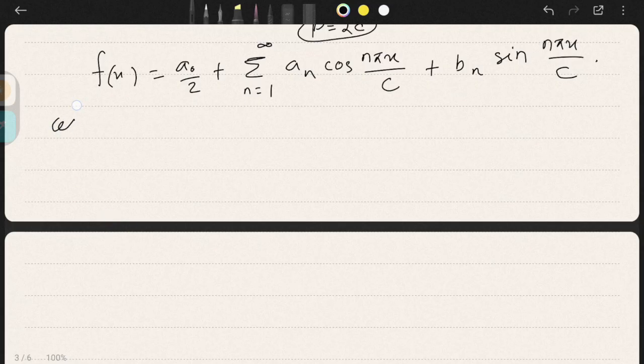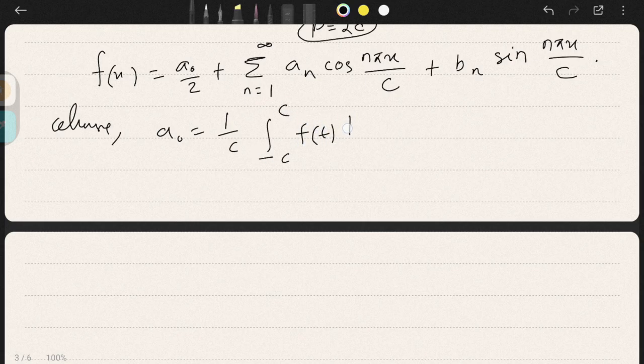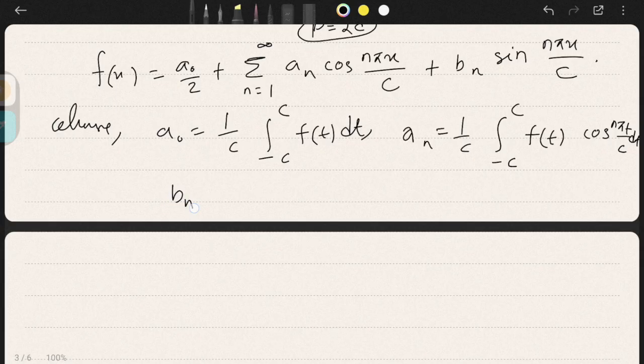Where, you know, a naught is equal to 1 by c integral from minus c to c of f of t dt, an is equal to 1 by c integral from minus c to c of f of t cos n pi t by c dt, and bn is equal to 1 by c integral from minus c to c of f of t sin n pi t by c dt.